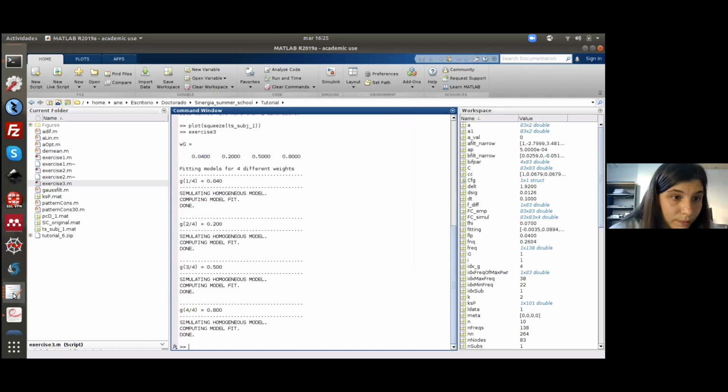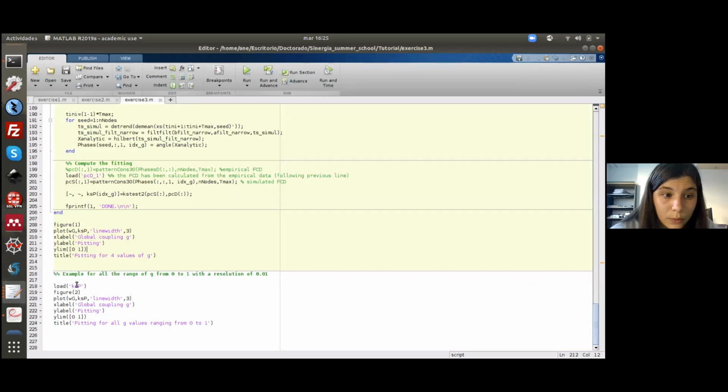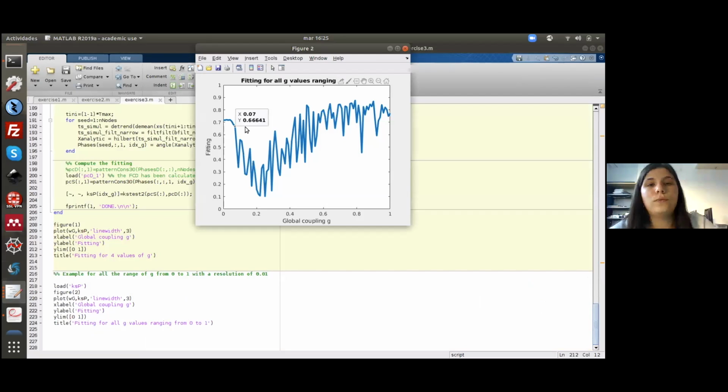Furthermore, in the final part of the script, we have also included a file called KeySP, where we have an example for all the values with a resolution of 0.01 between 0 and 1, for one subject. If you run this part of the script, you will have a plot like this, where you can see that we still have some noise, because this depends on the simulation and on the different values.